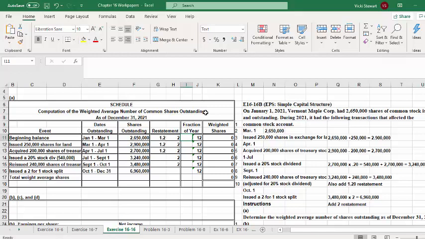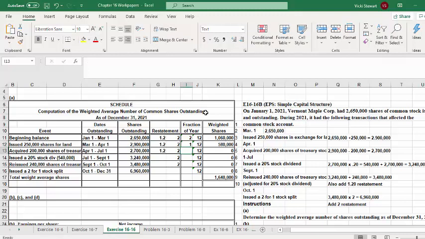You multiply the number of shares that were outstanding by any restatements and then by the fraction of the year before they changed. So we can see that in the beginning of the year, the 2,650,000 were outstanding for January and February before we issued the 250,000 shares for land. And those shares, the 2,900,000, were outstanding only for that 1 month of March.